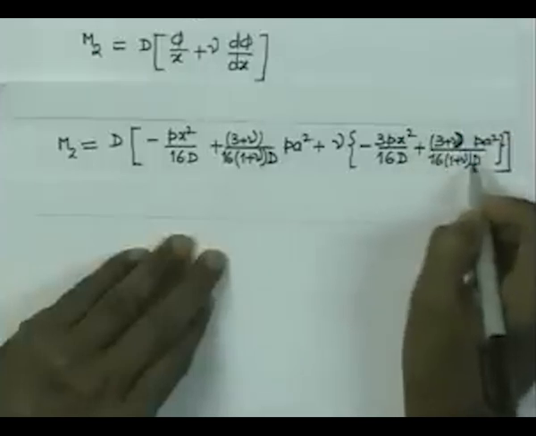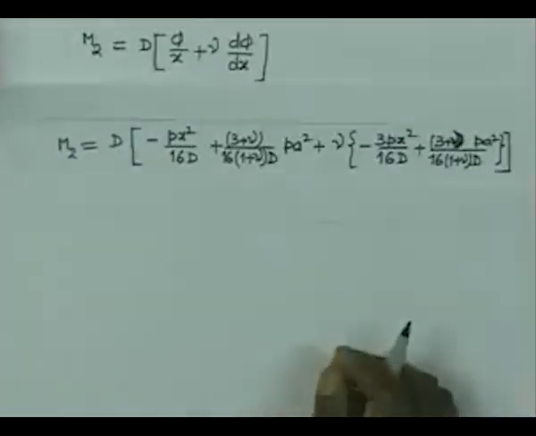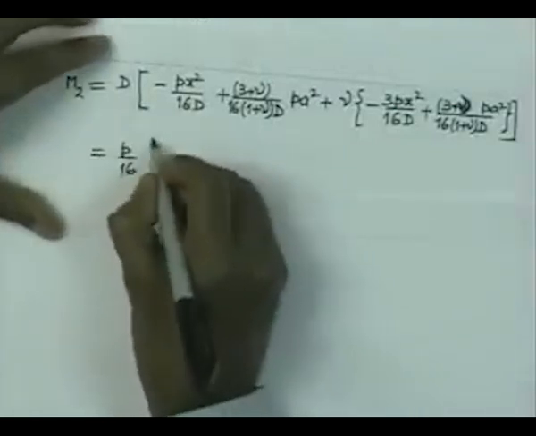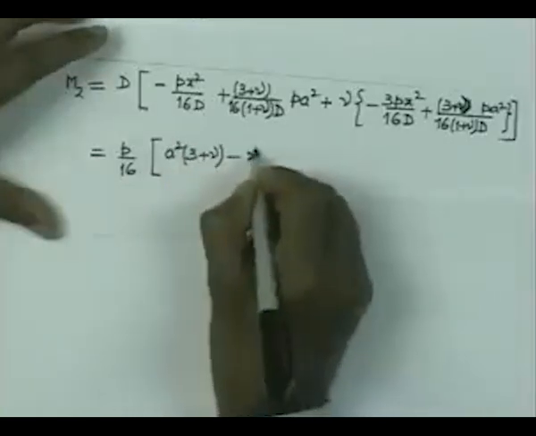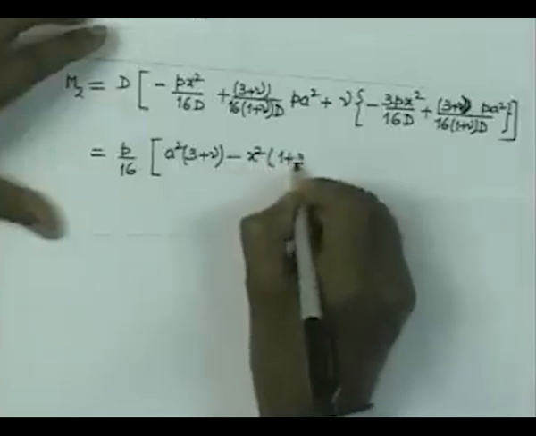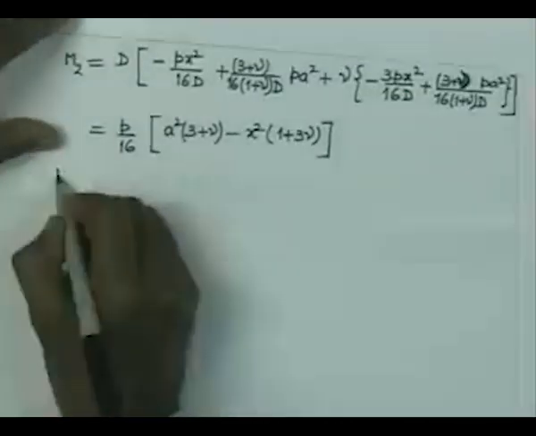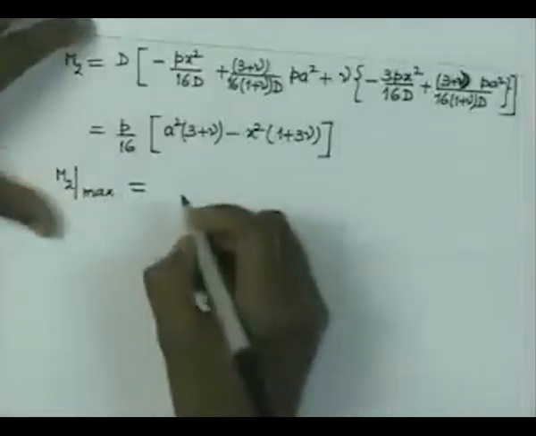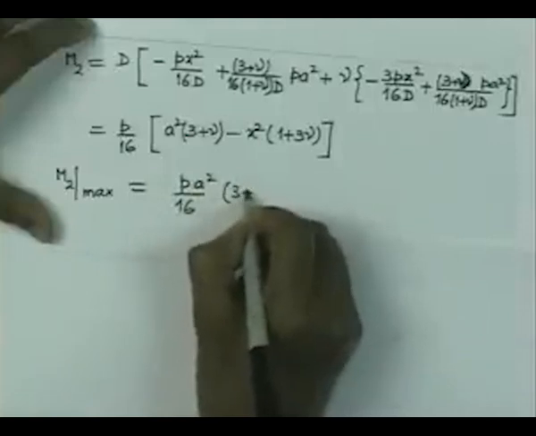So, it is (3 plus nu) by 16 into (1 plus nu), p a square by 16 (1 plus nu) into D, and this gets simplified to a square (3 plus nu) minus x square (1 plus 3 nu), this expression, and hence M2 maximum is at x equal to 0, which is p a square by 16 into (3 plus nu).